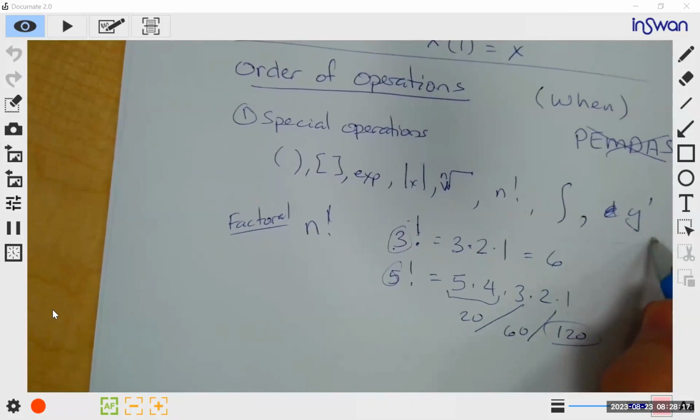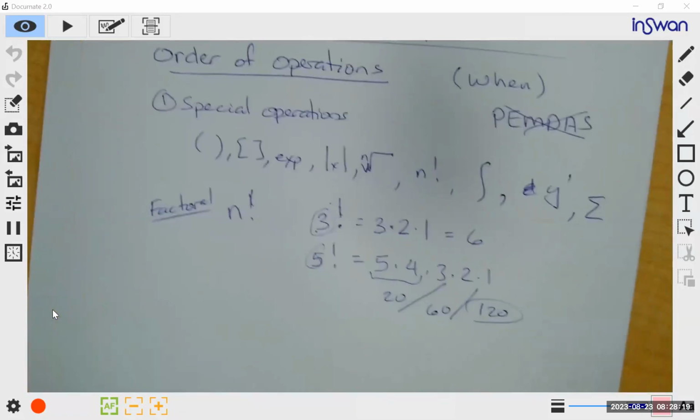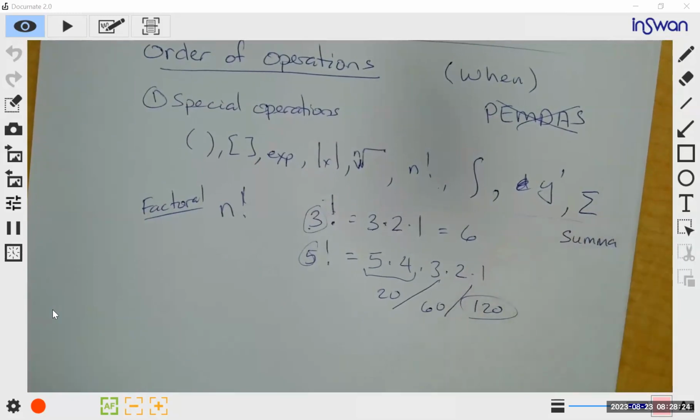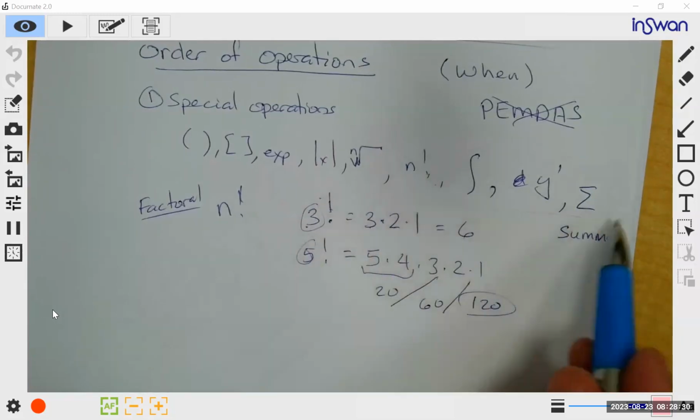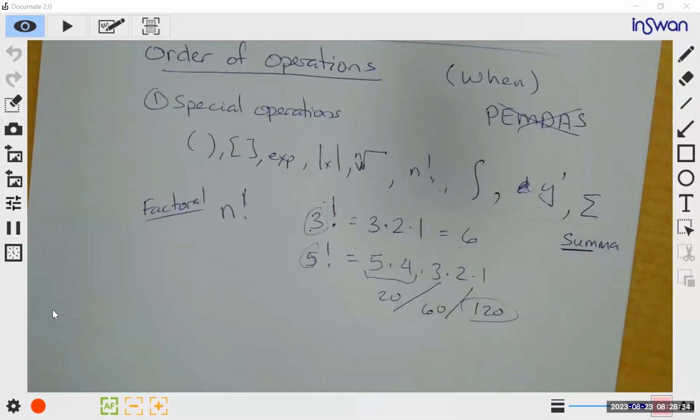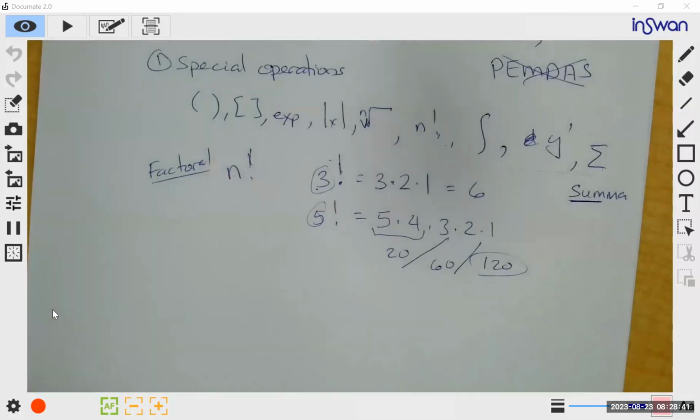We have another symbol in mathematics called the summa. This one tells us to add everything together. So this one tells us to multiply. This one tells us to add. Sum, summa, the first 3 letters of the word summa means add. So you first do the special operations.